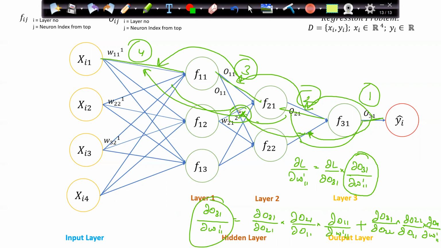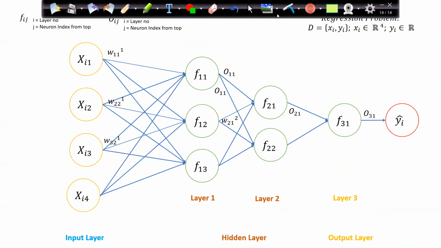So if I write it all together, let's write it on a fresh page. Let's say my ∂L/∂W111 is nothing but ∂L/∂O31 multiplied by ∂O31/∂W111, which is my equation.